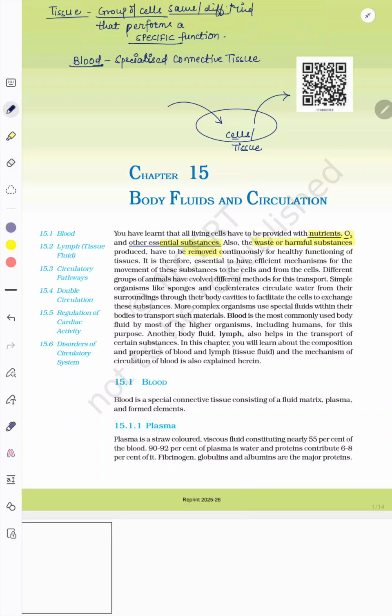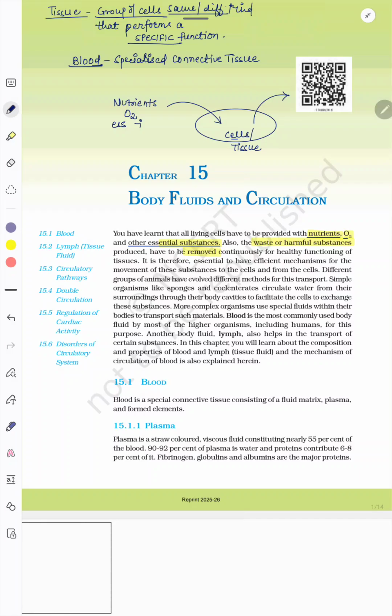These are the good substances that are required for the growth of the cells or the tissue or for the healthy functioning of the tissue, right? So what are these substances? These substances are nutrients, oxygen, and essential substances, right?